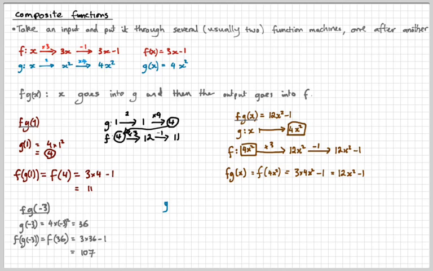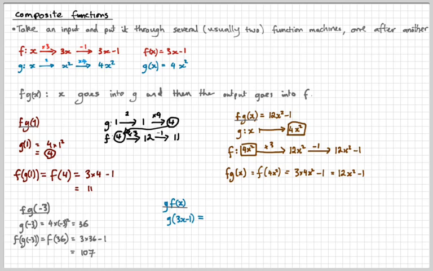It's also worth noting at this point that fg of x is different to gf of x. gf of x means you put x through f first and then you put that output through g afterwards. You do things the other way around. So when we put x through f, we get 3x minus 1, and then we put 3x minus 1 through g.